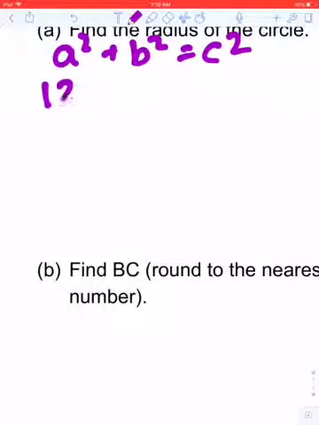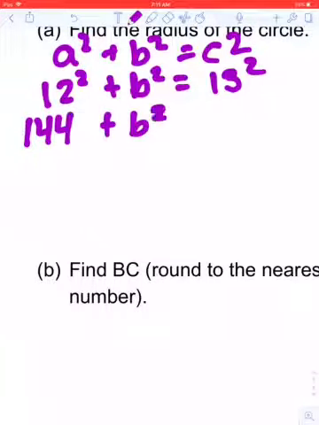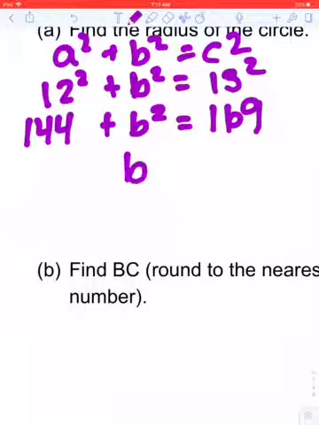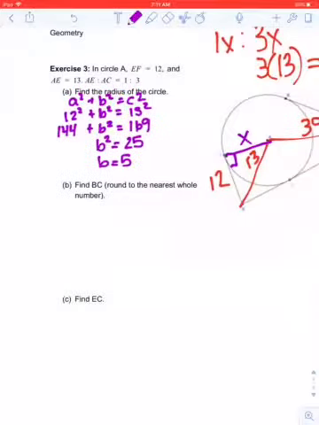So I have 12 squared plus b squared equals 13 squared. 12 squared is 144 plus b squared equals 13 squared, which is 169. I can subtract 144 from both sides. So I'm left with b squared equals 25. So b equals 5. So my radius is 5.